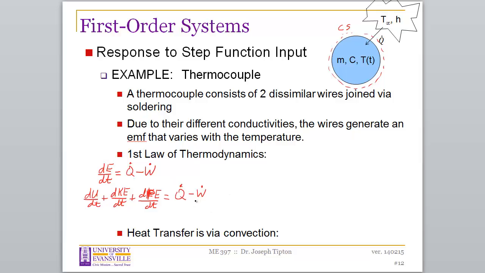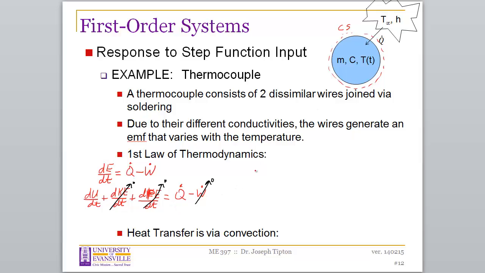Well, hopefully you can see that no work is going to be done in this situation, and we're not going to really see any change of kinetic energy or any change in potential energy. So what we have is a balance between internal energy and heat transfer.